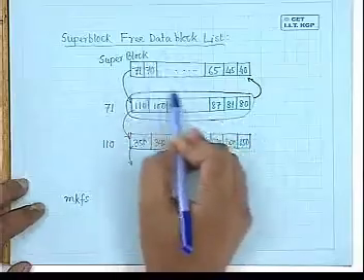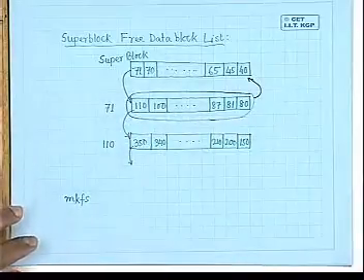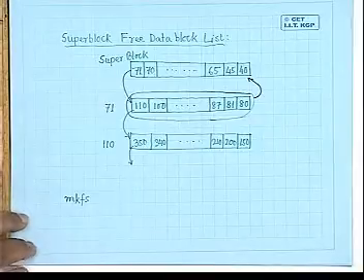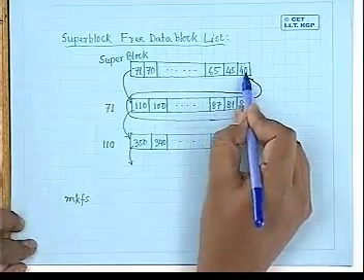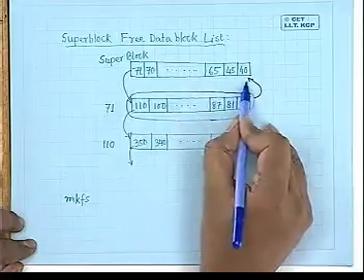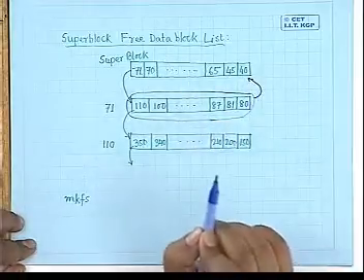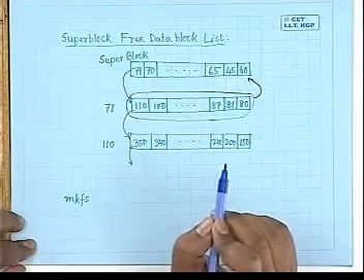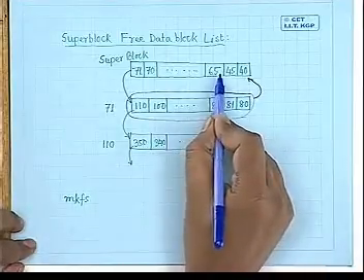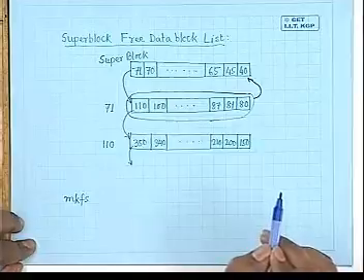And what you have to do is, whenever a block is released, first we try to see whether the block can be put in the superblock list or not. If I have any free entry in the superblock free block list, you just place this new block number in that free entry. That links that block into this linked list.